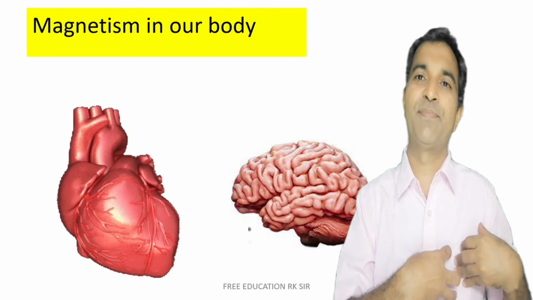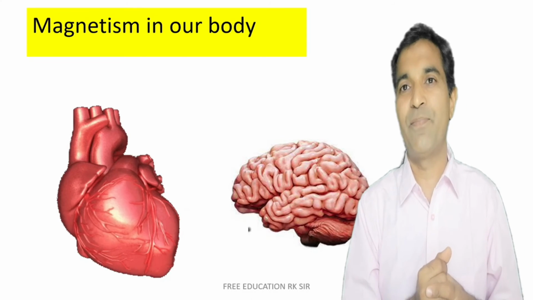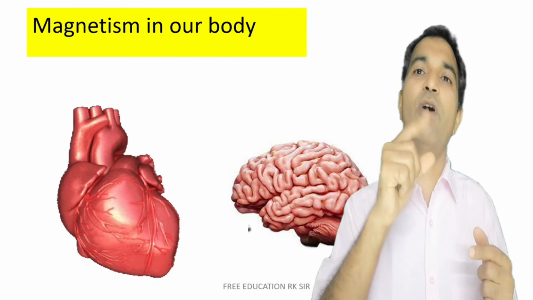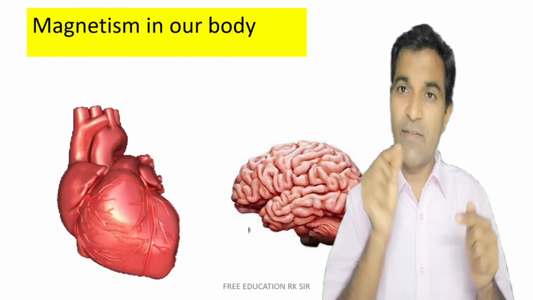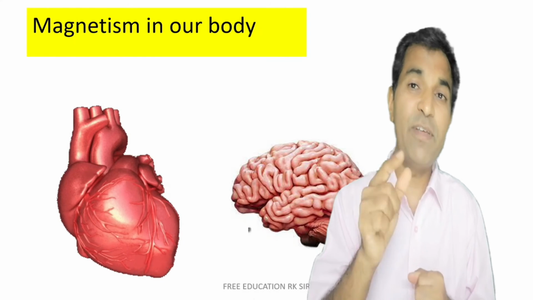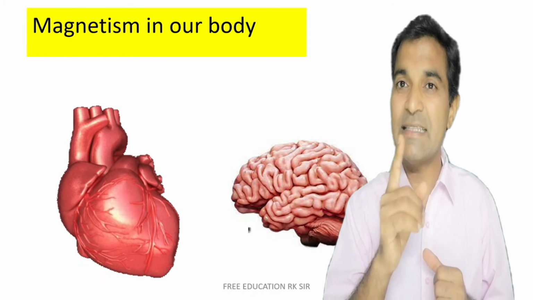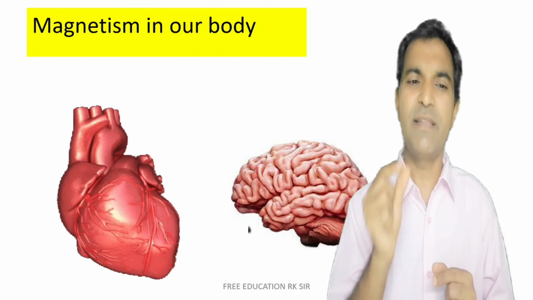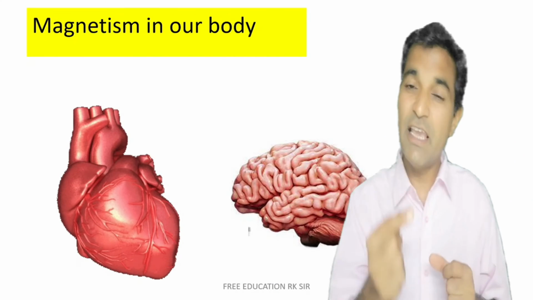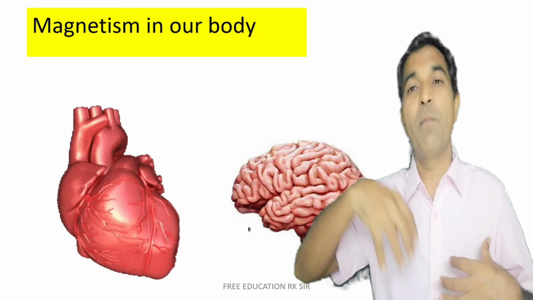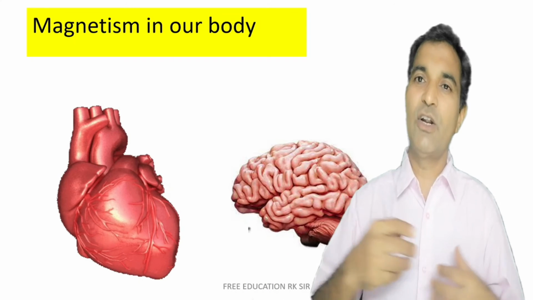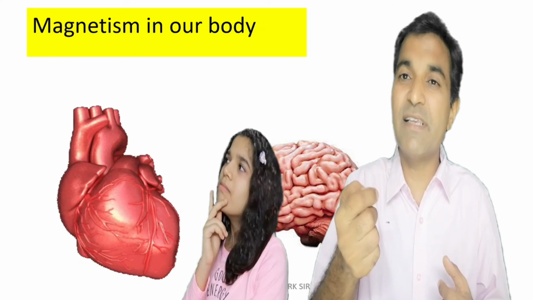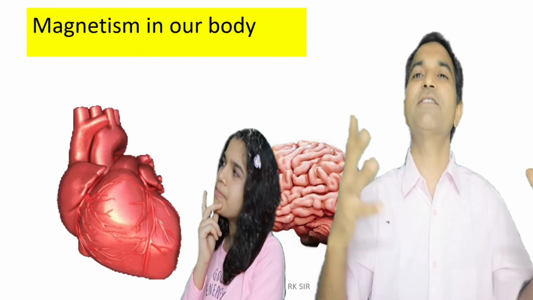And in our heart, there is the SA node which makes the heart beat, and it operates with the help of electrical signals. The person who has a defect in this SA node is given a pacemaker. They are given pulses from an electrical device externally to make the heart understand that yes, these are the pulses on which I have to beat, and it starts beating.